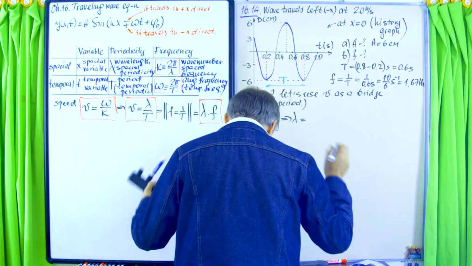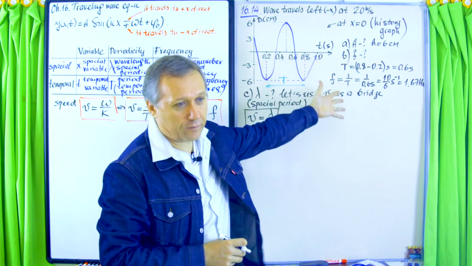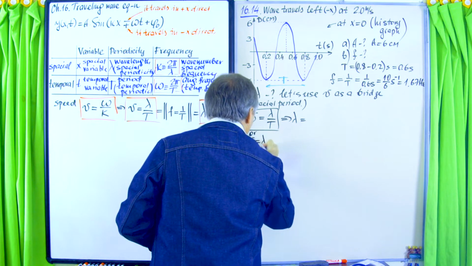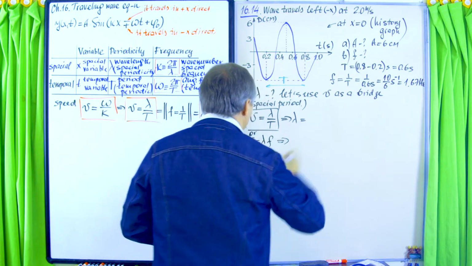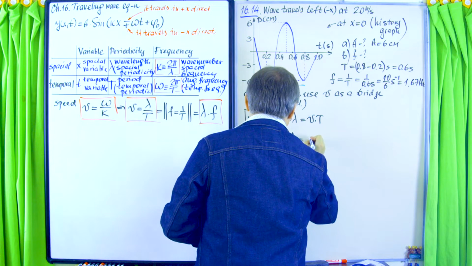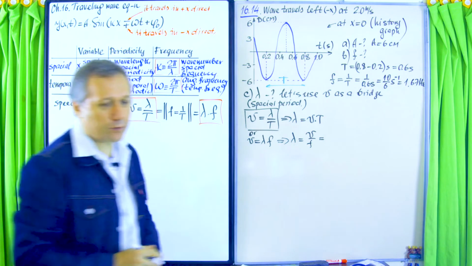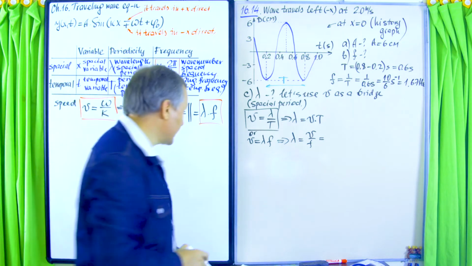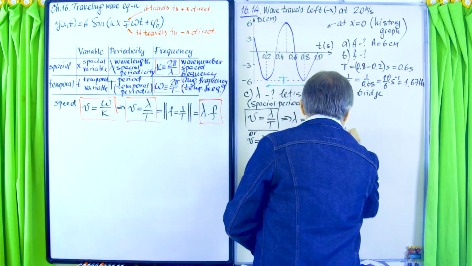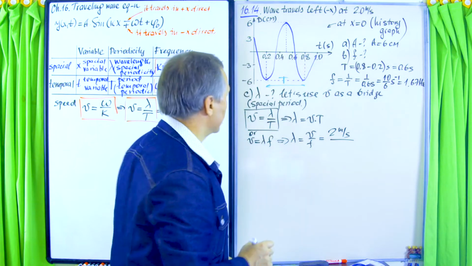Okay, I used frequency, but what a big deal, right? In my notes, I used lambda f because f is also found, right? Let me write it. Or v equals lambda f, right? So from here, lambda equals v times T. From here, lambda equals v over f. But of course, you will get exactly the same answer in both cases. So v is 2 meters per second, divided by the frequency, 10 over 6.